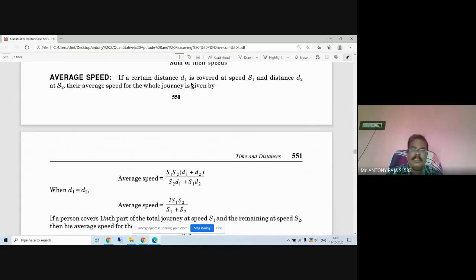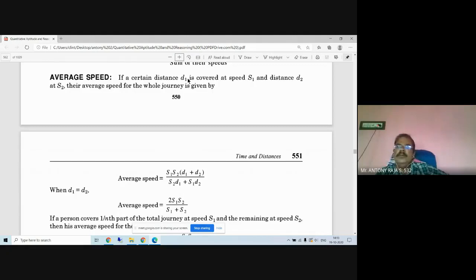If a certain distance d1 is covered at a speed of s1, assuming that the train is moving at a speed of 100 km per hour for a 20 km distance. That is one distance, d1, 20 km.